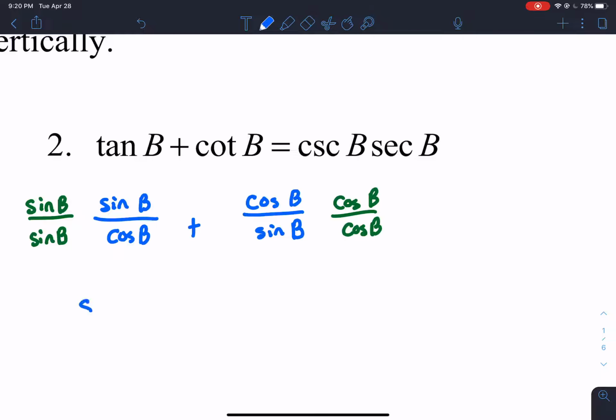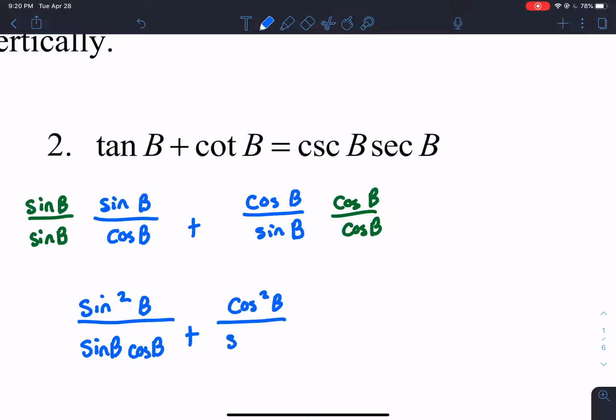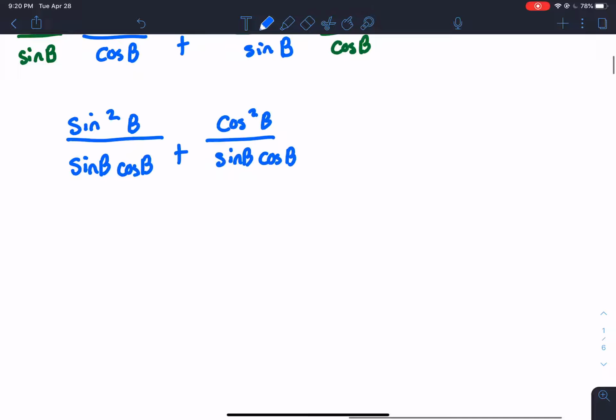That's going to give me sine squared over sine cosine, and then cosine squared over sine cosine. Now, if you put the top together, sine squared plus cosine squared, that's 1.